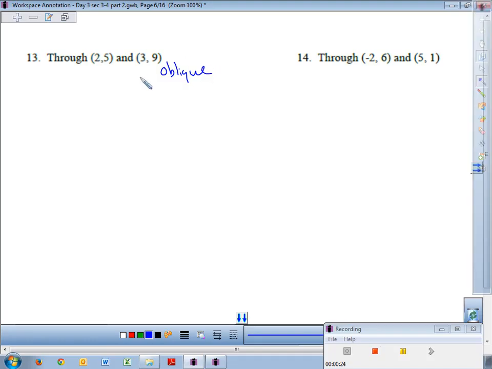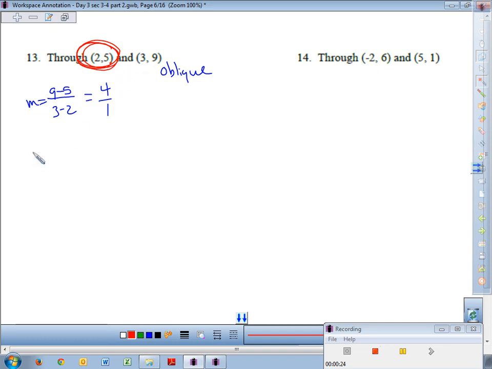So they want us to write the equation. We got to go through and do all of that cool work. We got to find the slope first. So let's get that done. And we get 4 over 1 for our slope. Then they want us to write the equation, so it will have both an x and a y in it, and we use point-slope form. I need a point. They give me 2 of them. I need a slope.